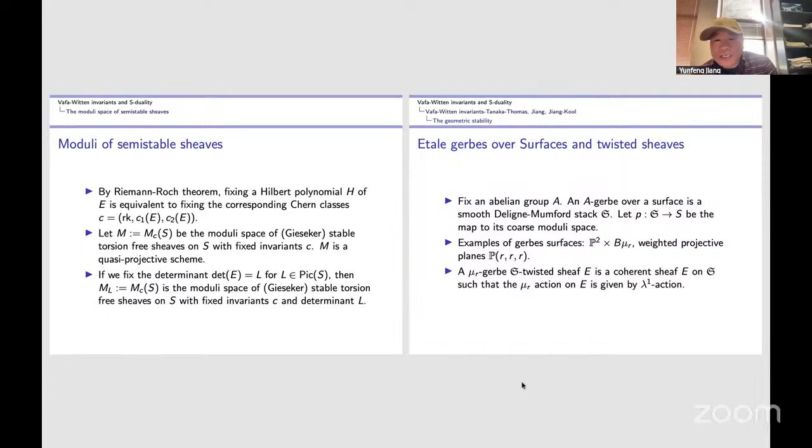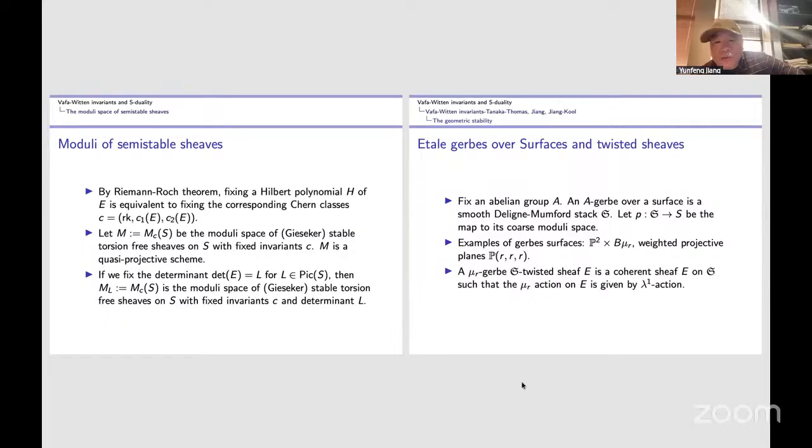So if I fix an abelian group A, my abelian group can be infinite or finite. Mainly we will talk about A being C star or the cyclic group of order R, mu_R. An A-gerbe over a surface S is a smooth Deligne-Mumford stack curly S. Usually, if you have a Deligne-Mumford stack curly S, then S will be the coarse moduli space of this Deligne-Mumford stack.